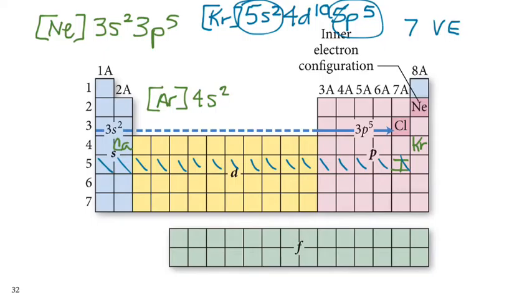Any questions? Yes? It would be the number of electrons that iodine has minus 7. Everything else. So valence electrons are the ones with the highest n. Core electrons are everything else. Yes, the 4d10 electrons are core electrons.